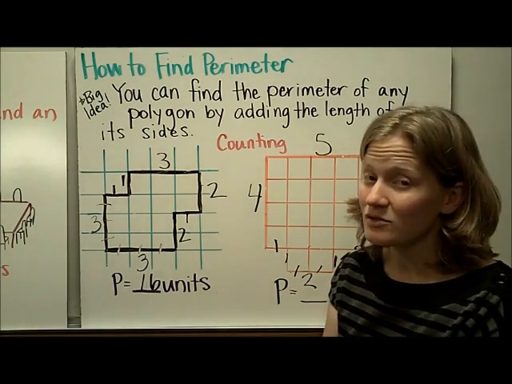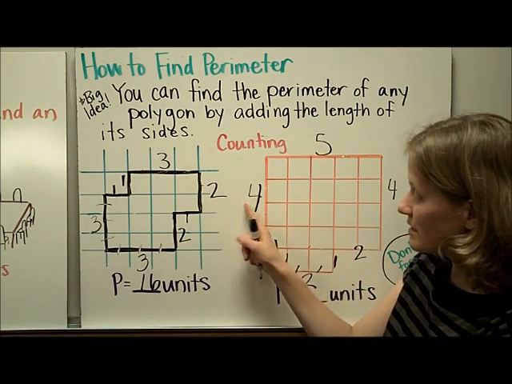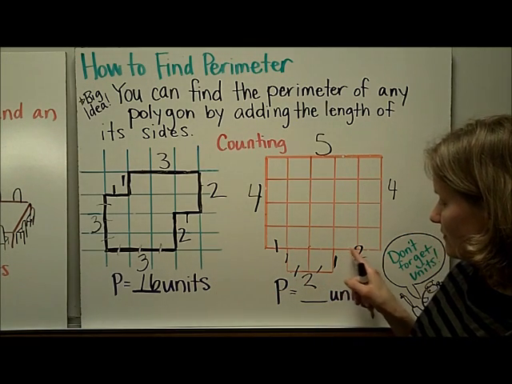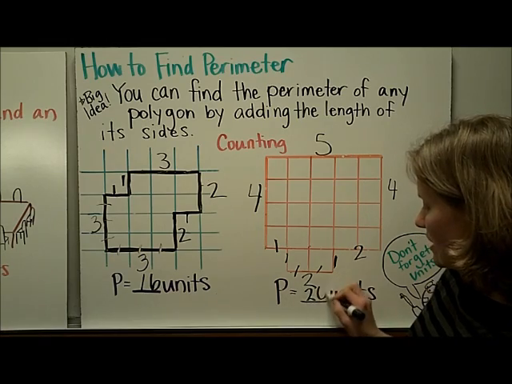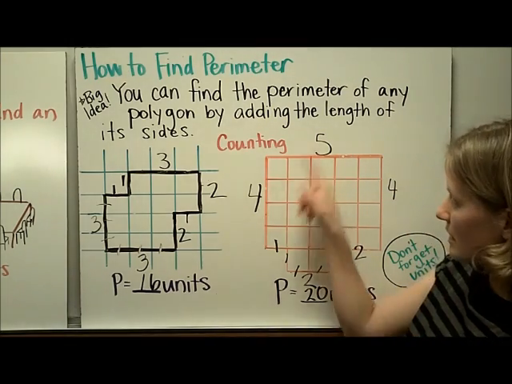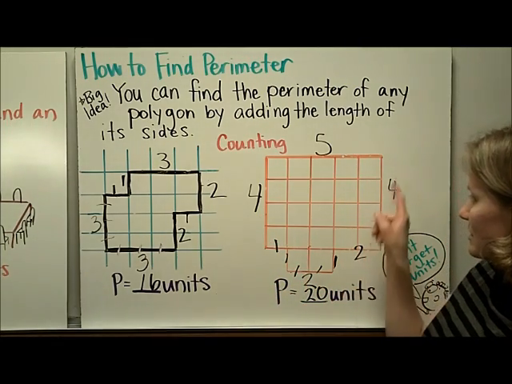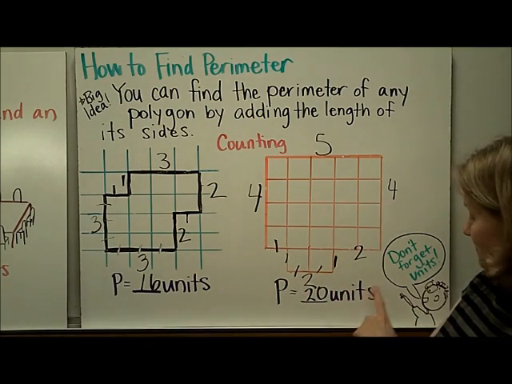And then in order to find the total perimeter, I just add up all those amounts. 5 plus 4 is 9, 10, 11, 12, 13, 14, 15, 16, 17, 18, 19, 20. So we get 20 as the perimeter of this shape. Let's double check. 9, 10, 11, 12, 13, 14, 15, 16, 17, 18, 19, 20 units for this perimeter.